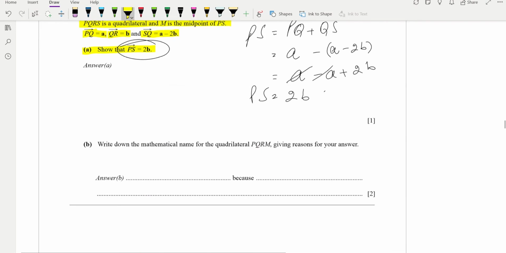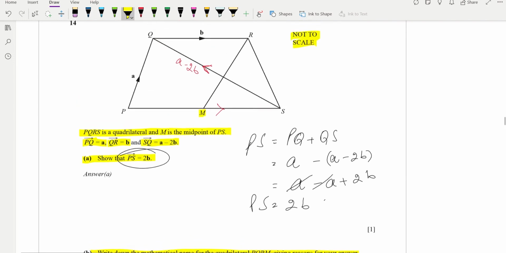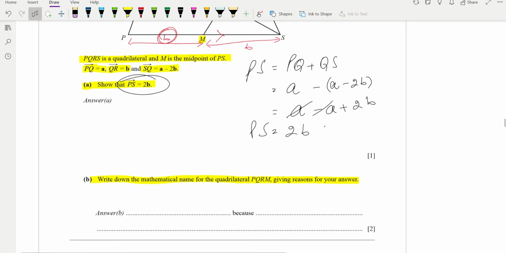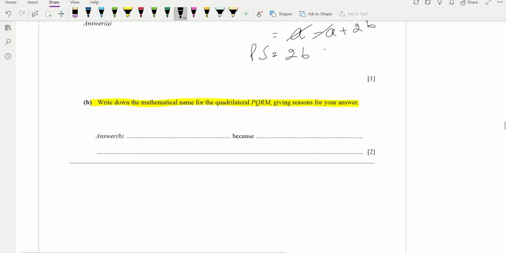Now they are saying write down the mathematical name of the quadrilateral PQRM, giving a reason for your answer. Now PS is equal to 2b and M is the midpoint. So this portion up to M is basically b, and this portion is also b. So if we compare, these are basically parallel lines. So we can say this is a parallelogram.